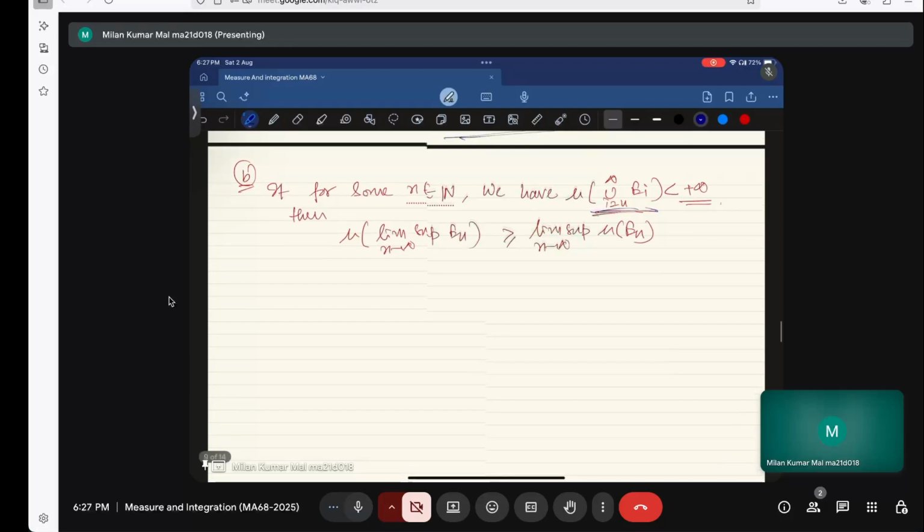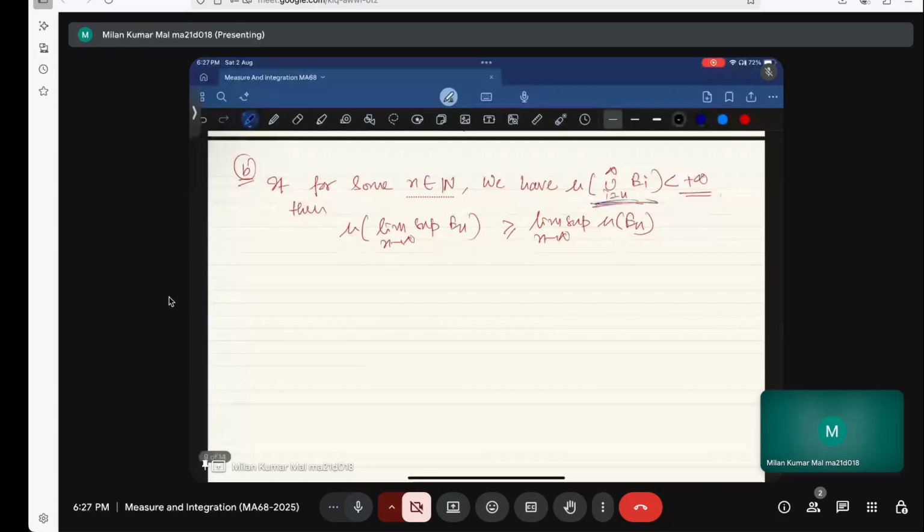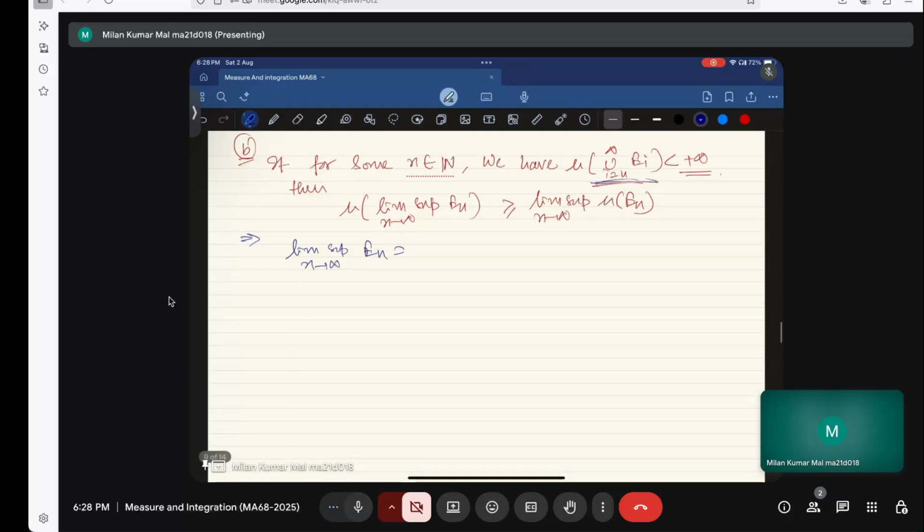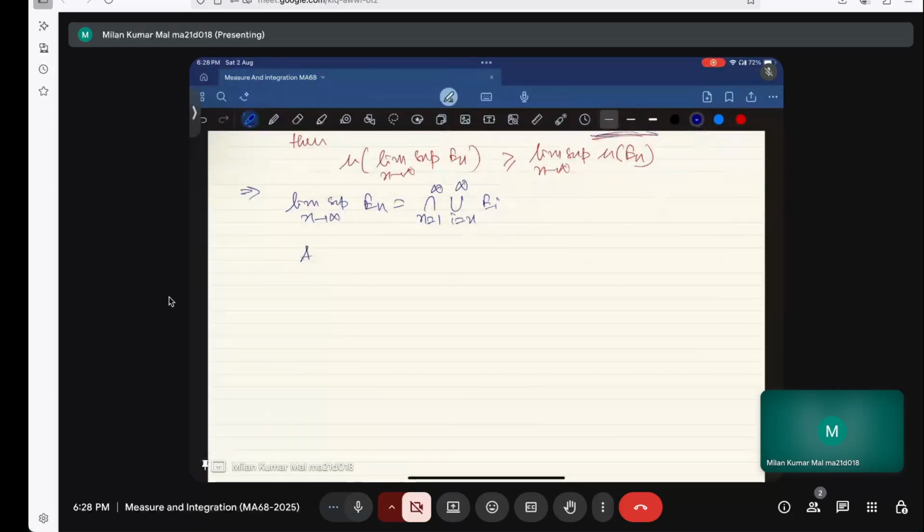And again recall what is the limit supremum. The limit supremum of the sets En, by definition, equals the intersection over n equals 1 to infinity of the union over i equals n to infinity of Ei. So here we will also consider An.